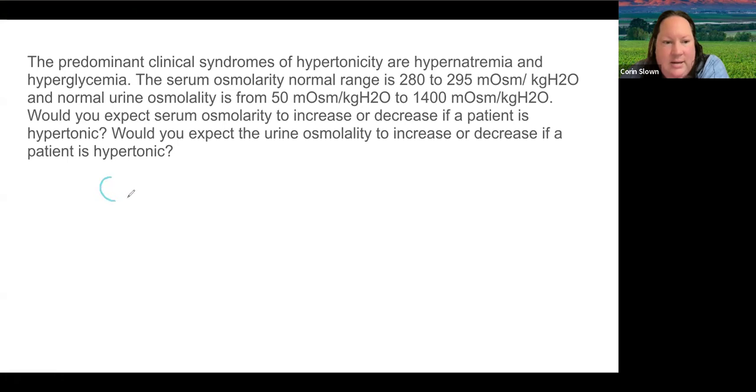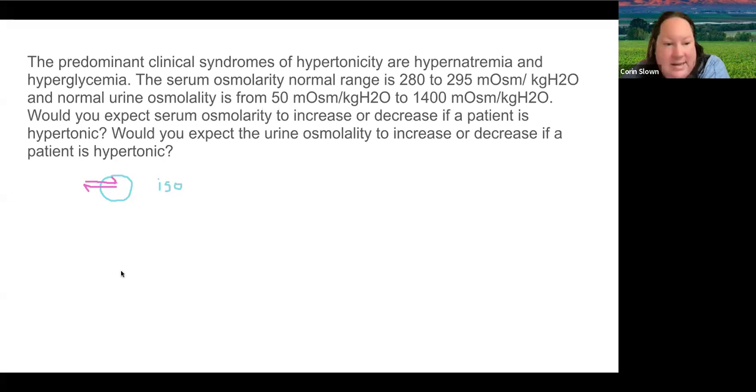If we think about something that is isotonic, that means that our rate in and our rate out in terms of the movement of water is the same.